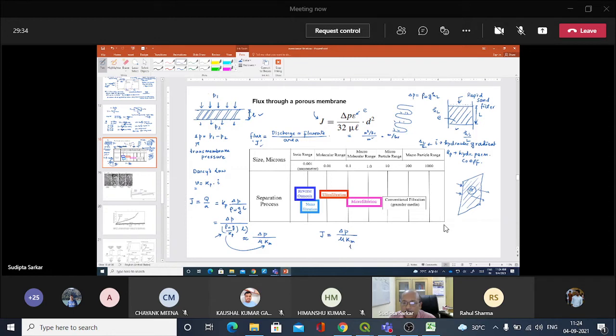So Km is called the membrane constant, and this varies from membrane to membrane and also with the thickness of the membrane, or sometimes we call it the membrane resistance coefficient.